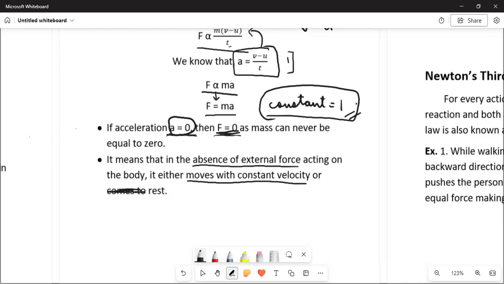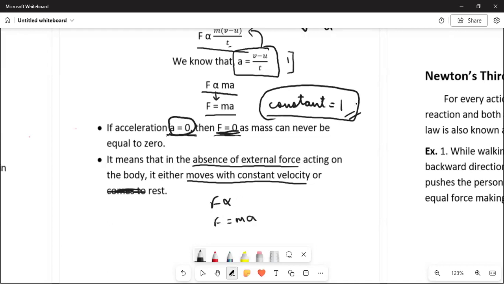And if there is any force, then that force will be directly proportional to the rate of change of momentum, and that force will be equal to mass into acceleration.